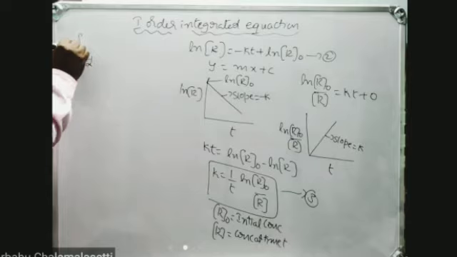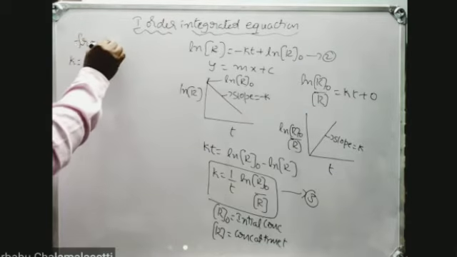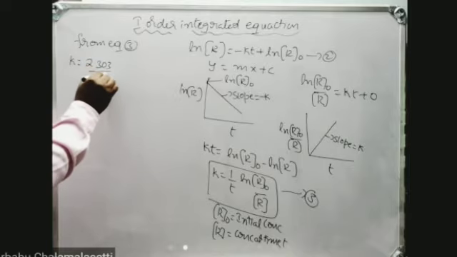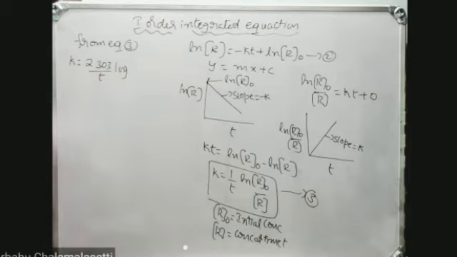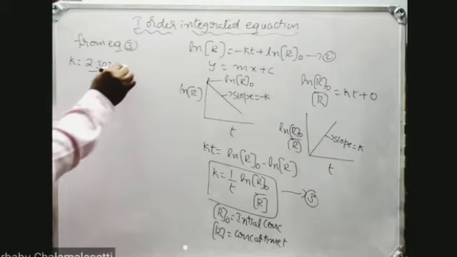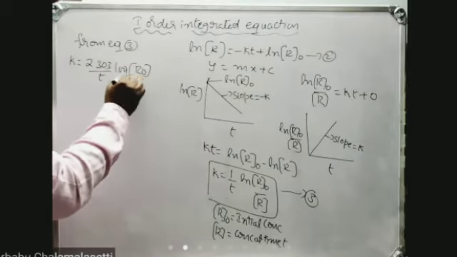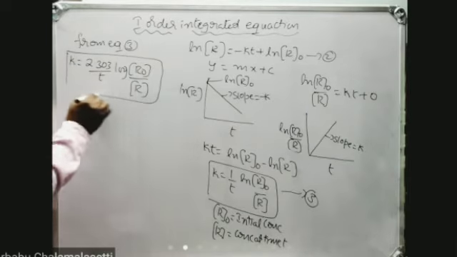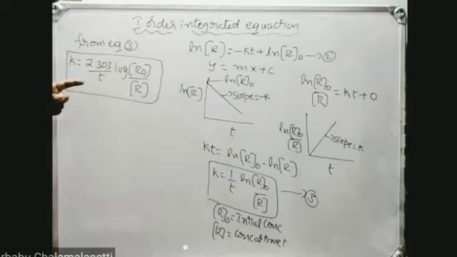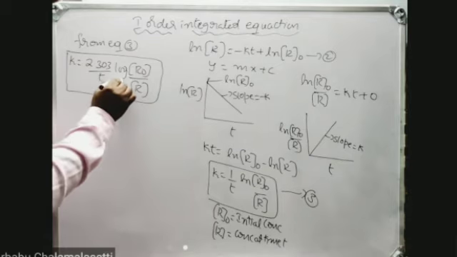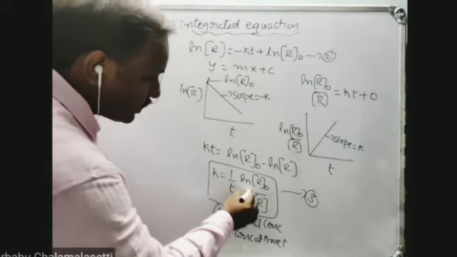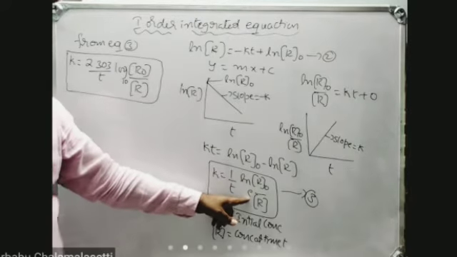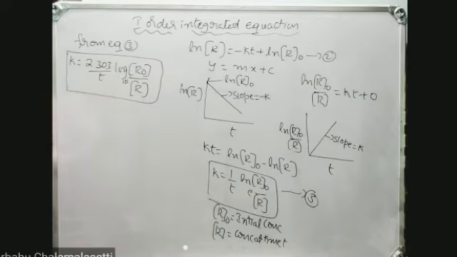From equation 3, k is equal to 2.303 by t into log of initial concentration by concentration at time t. Generally we use this formula. Here the base is e, and here the base is 10.